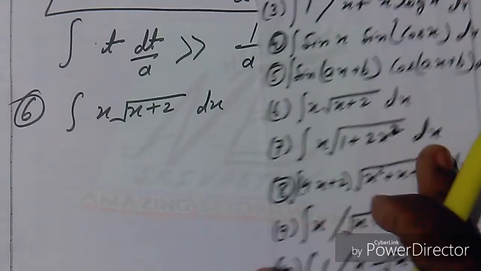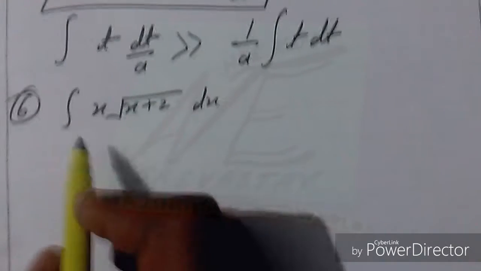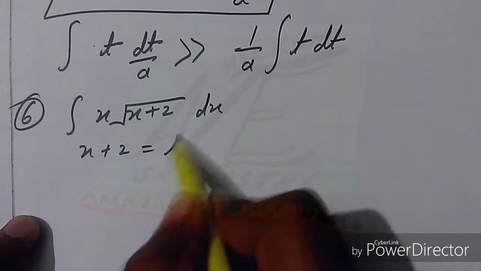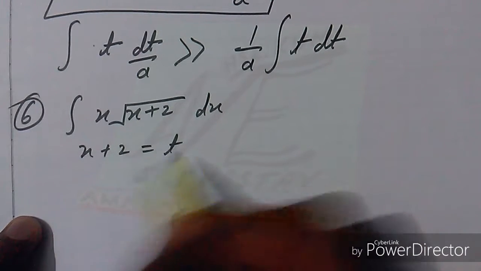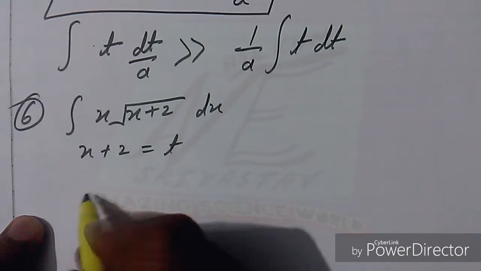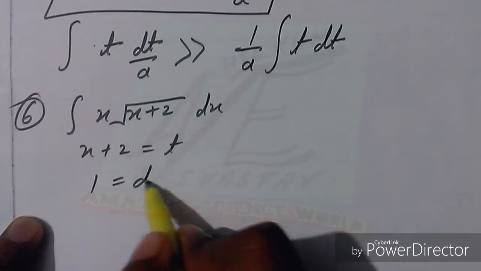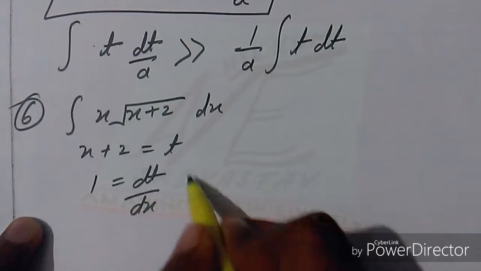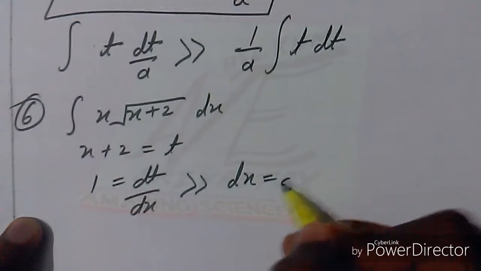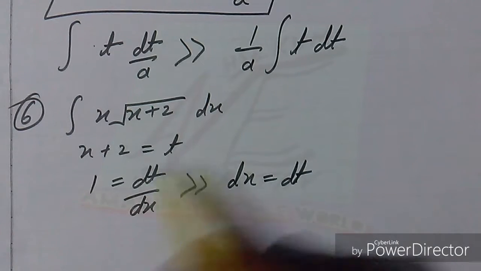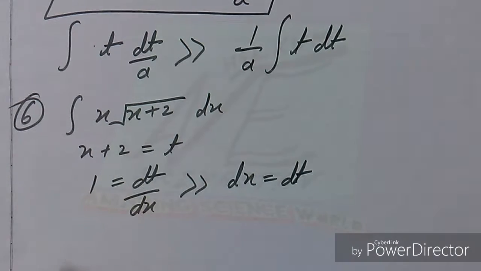Now if we suppose x plus 2 is equal to t, and derive it, then x gives 1 and 2 gives 0, so 1 is equal to dt by dx, and dx is equal to dt. Now it does not match the equation, so what will we do here?